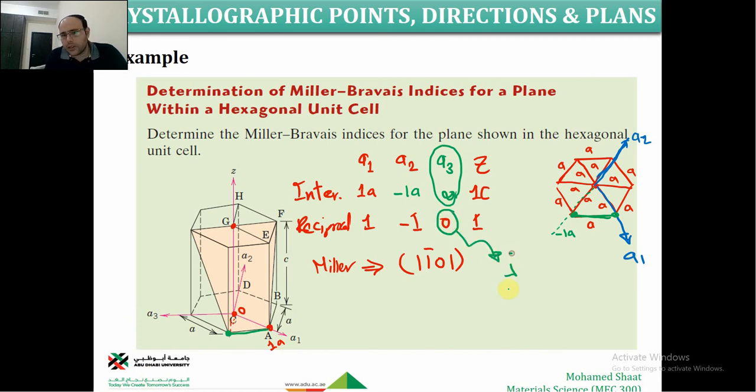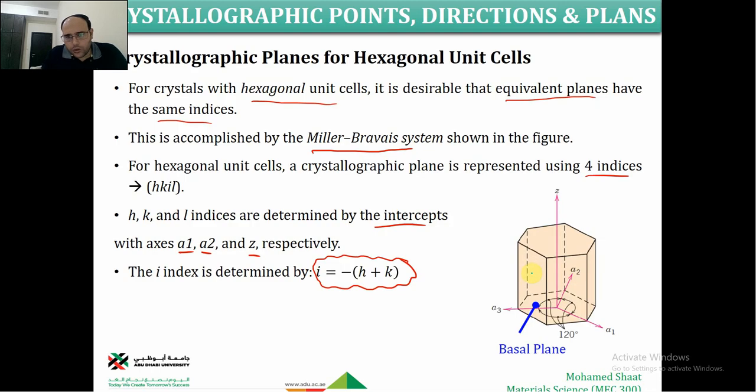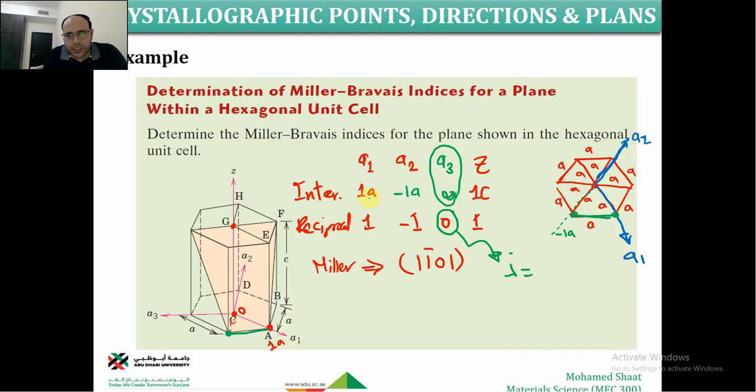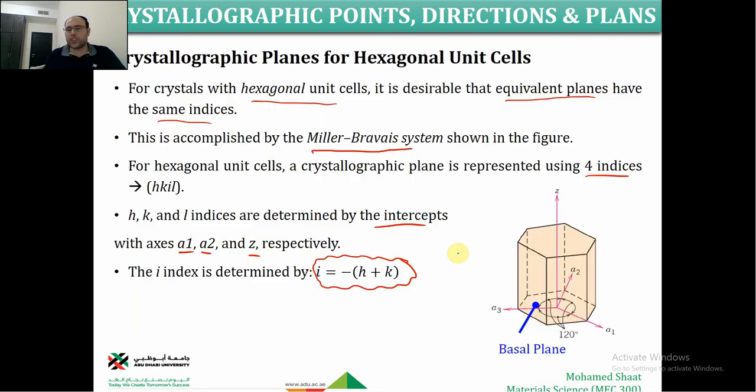We said that according to this expression, i equals the negative of h plus k. This index is h, and this is k. So i equals the negative of h plus k, which is the negative of 1 plus negative 1. This is going to give us 0, and this indicates that this expression is correct.